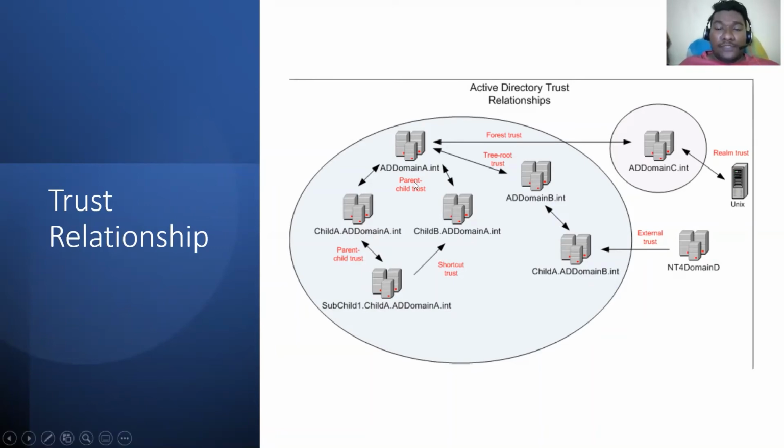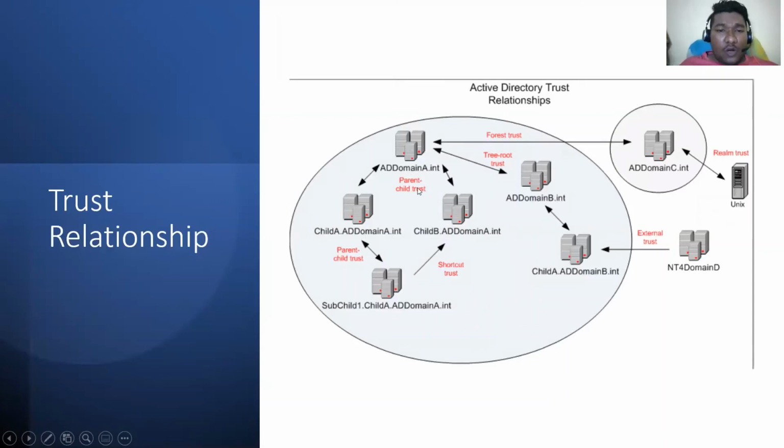Let's see it clearly. This is a parent-child trust. Here you see the parent name is ad domain a.int, and you can see a child domain named child a.ad domain a.int, and another domain child b.ad domain a.int, which means both the child domains have the parent domain name in their namespace.